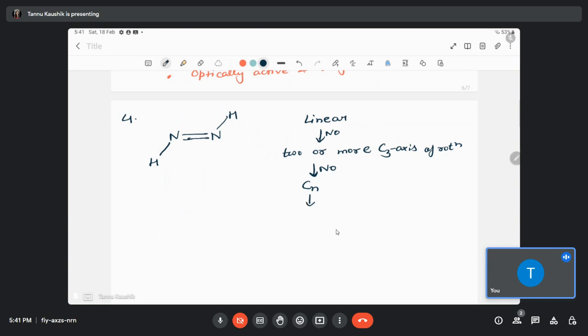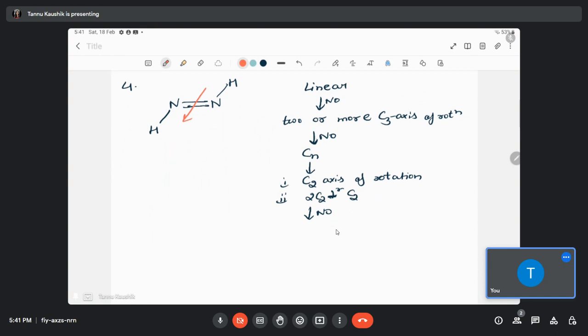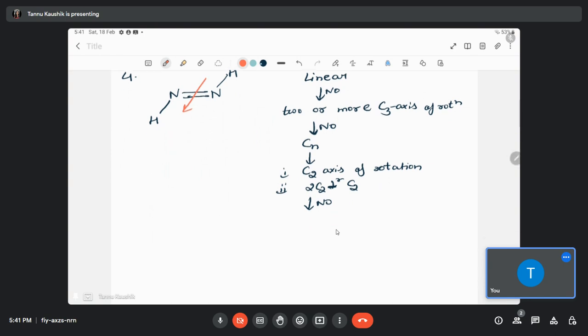So, which is the proper axis of rotation present here? We have a C2 axis of rotation, but we don't have two C2 axes perpendicular to this C2 axis of rotation. We have only one C2 axis here. And do we have a sigma H plane?